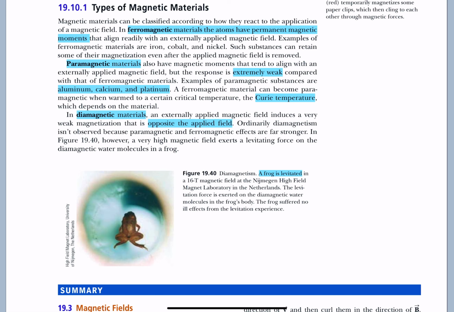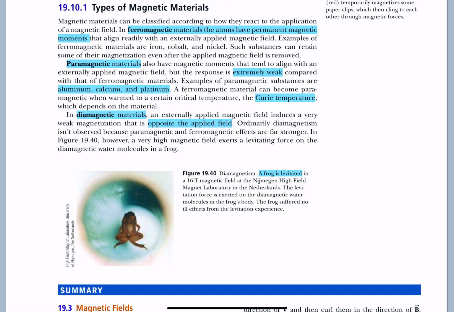Recognize that word para. For example, a paralegal would be a person who isn't exactly a lawyer, but assists the lawyer. They're like a weak lawyer, though they're very, very important in the law field. A paramagnetic material would be very weak. Such paramagnetic materials would be like aluminum and calcium and platinum.